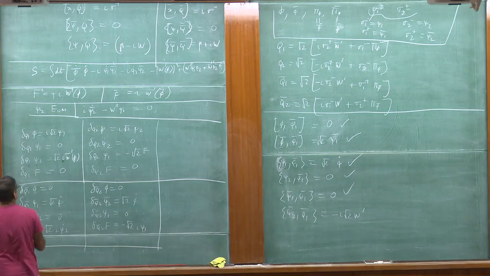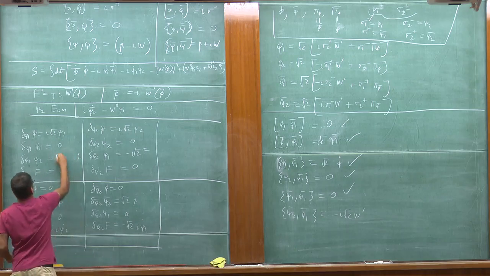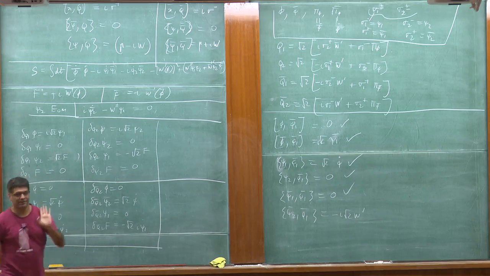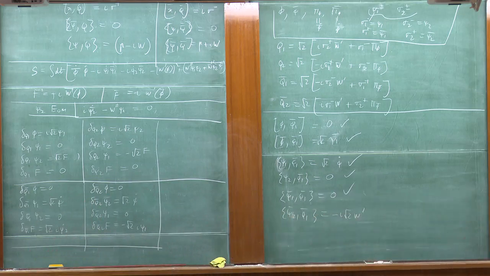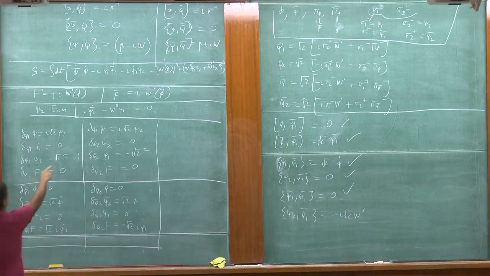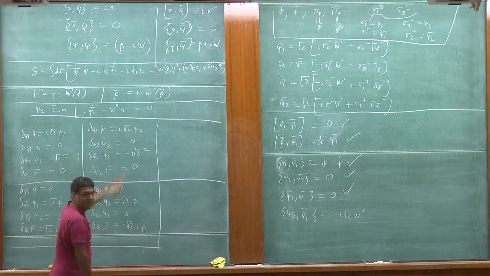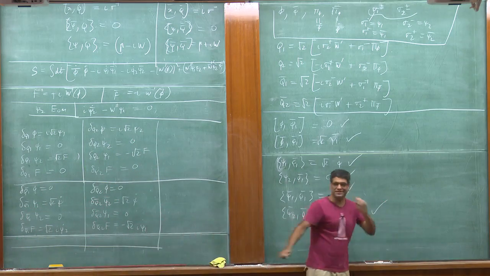Let's write this as, what was this? Square root 2 F. The rule was, as Shuman points out, we got that rule from superspace. We just use it by replacing everything with a bar and then use its equation of motion. So you're right, we should have got square root 2 F bar, but F bar was minus I w prime. So it works.